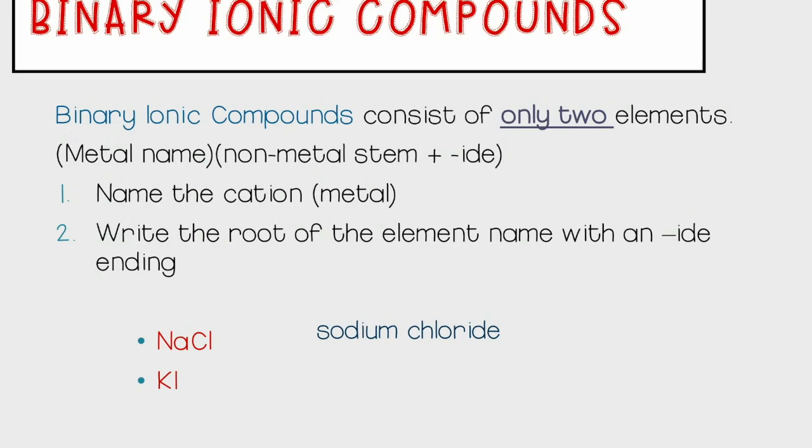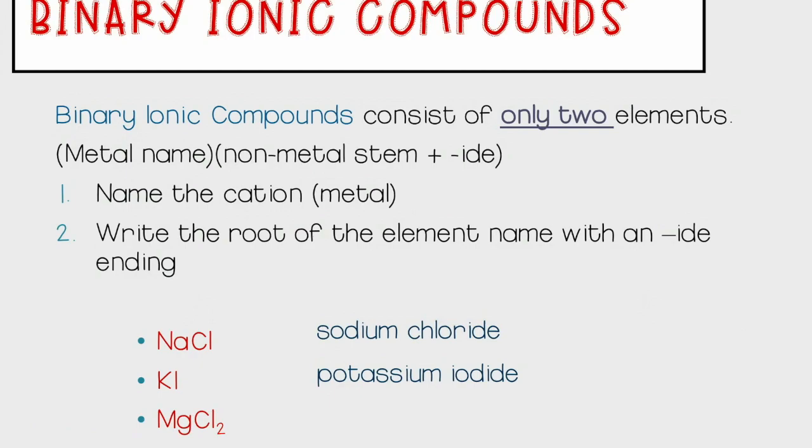One more example, so potassium is our metal, iodine is our nonmetal. So we're going to drop the INE ending from iodine and give it an IDE ending. We have potassium iodide. Here we have MgCl2.